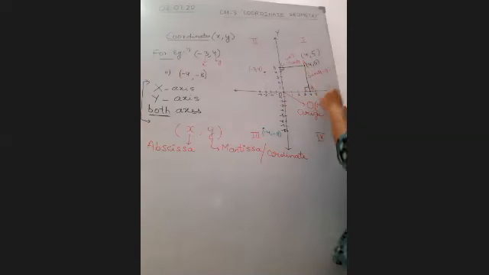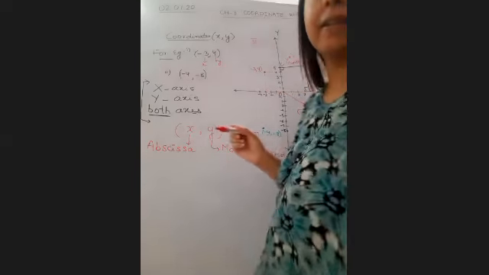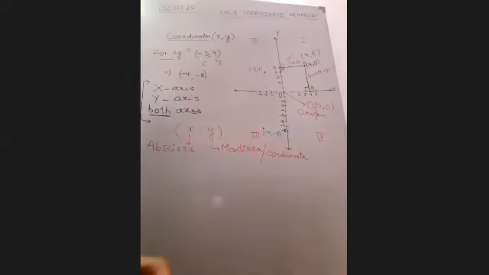And this 5, which is small y, is the perpendicular distance of A from which axis? X-axis. Clear? So this is the definition. Small x means perpendicular distance from the y-axis. Small y means perpendicular distance from the x-axis. Clear, beta? Yes.